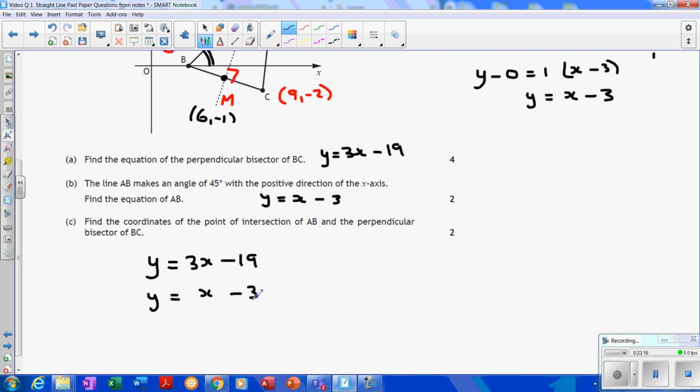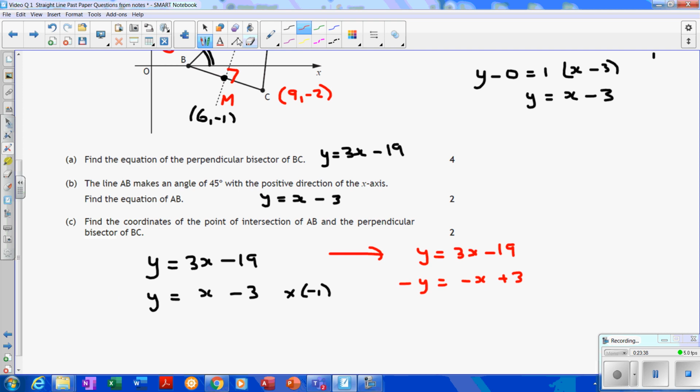Now we want to eliminate one of the letters. I'm just going to eliminate y by multiplying that one by -1. So when I multiply that one by -1, top equation will keep the same. So y is equal to 3x minus 19. Multiply that one by -1, so minus y is equal to minus x plus 3.